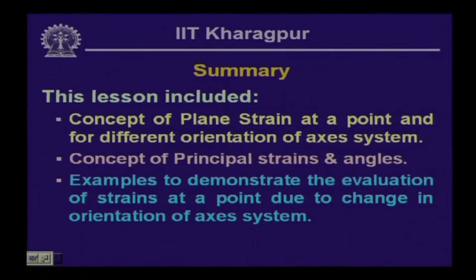At that particular point, for different position of any rectangular axis system, which is oriented at an angle of theta with reference to x and y, we can compute the values of strain in terms of those epsilon x, epsilon y, and gamma x y. These strains which we evaluate in other reference axis in terms of epsilon x, epsilon y, and gamma x y, we call the transformation equation.